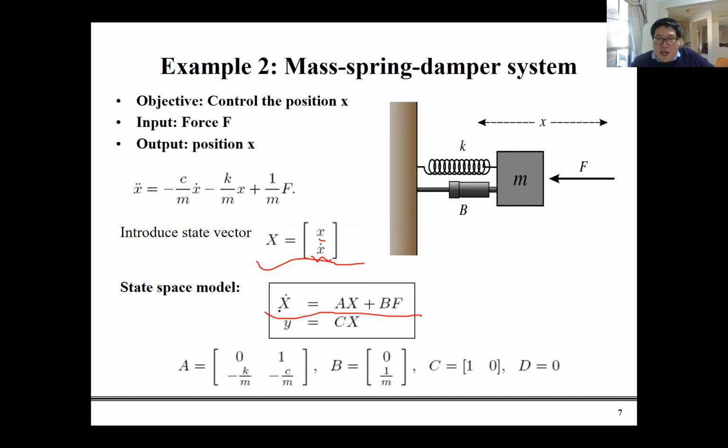That is, capital X dot is equal to AX plus BF, right? And your A is something like this, and your B is something like this.